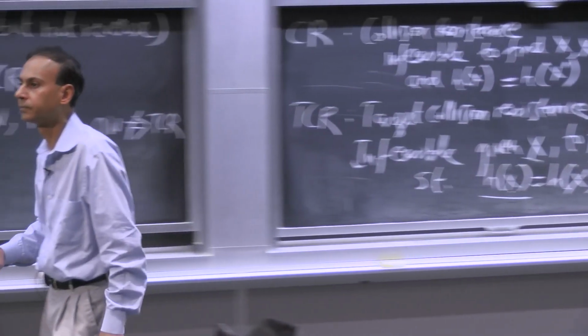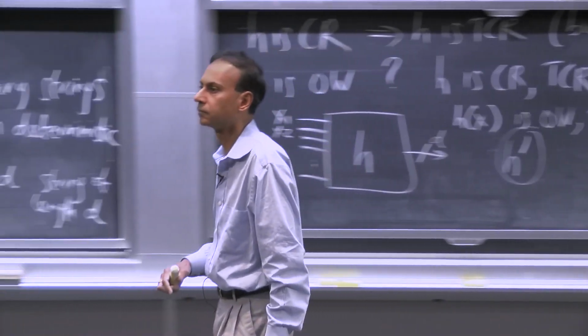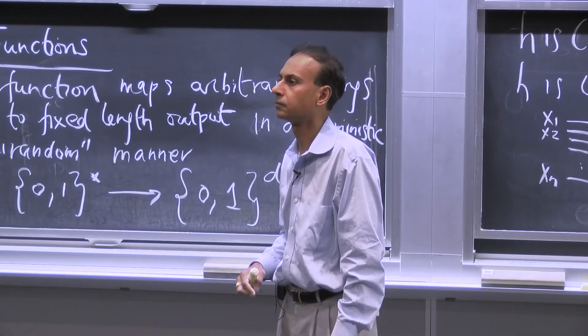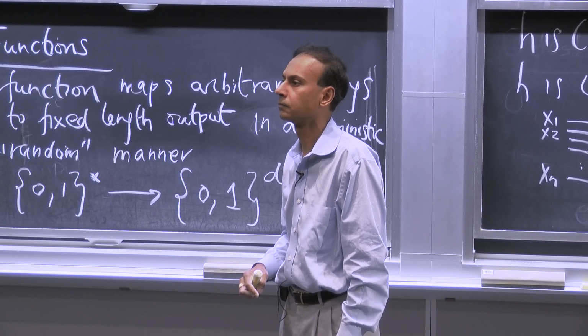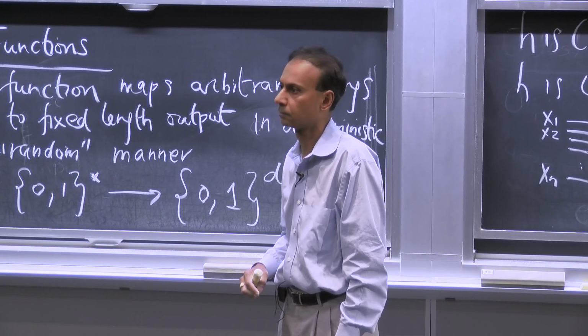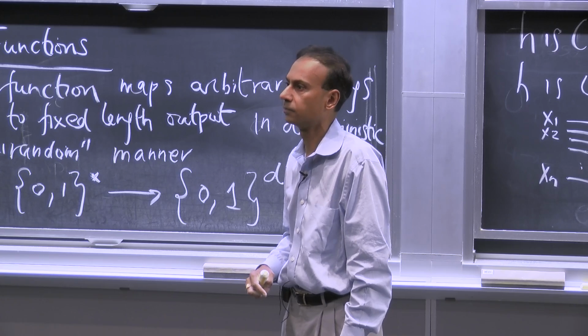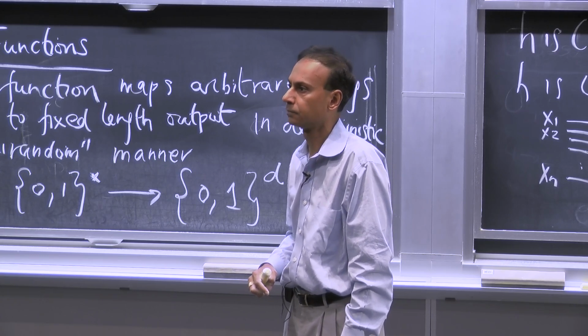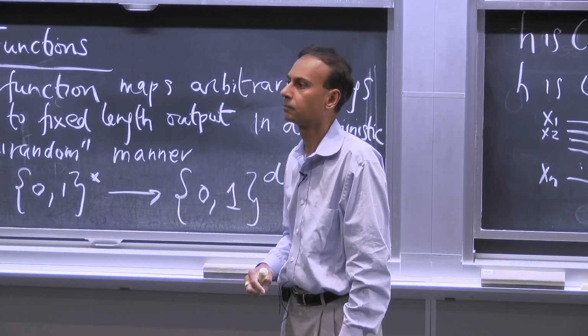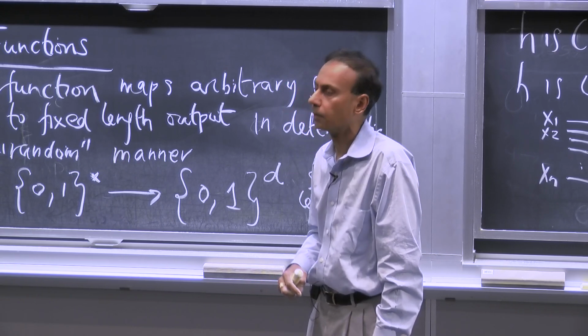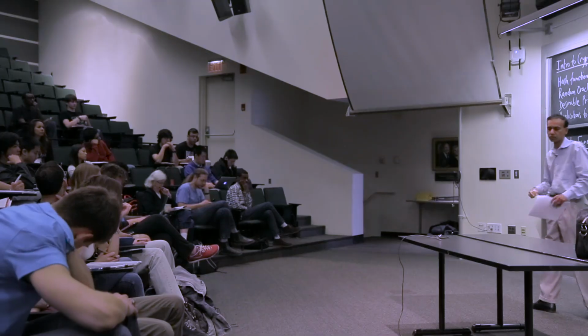If you have x sub i, if i is odd, then return h of x sub i minus 1. So return the even version. Sure. Now, given any x sub i, you can easily find another x sub i that has the same output. You can't go backwards. Yeah, that's good.